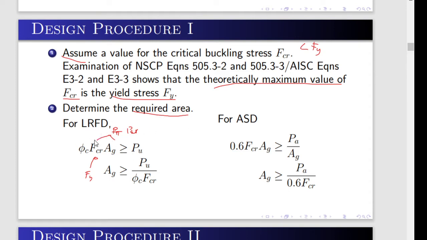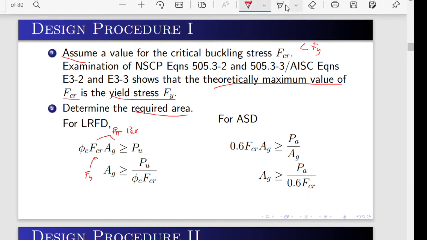Better understand this. For LRFD, since you use Fcr instead of Fy, your required area is equal to this one.